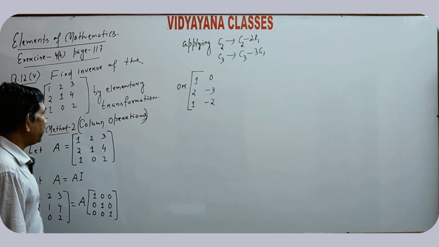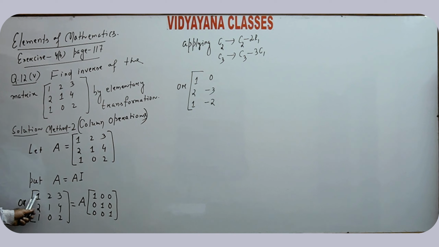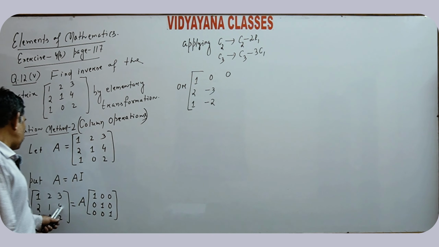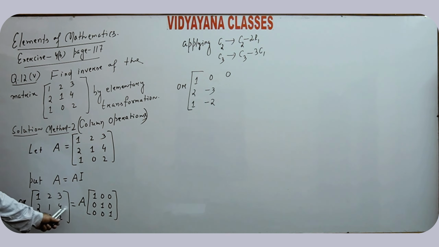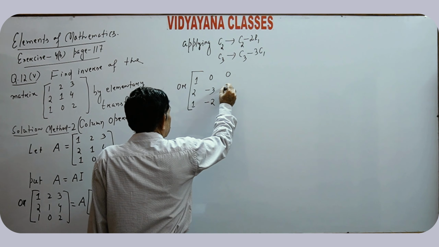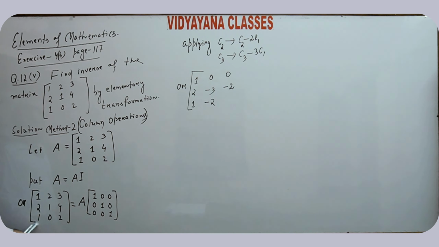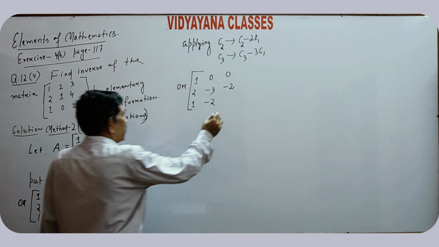Next, column 3 is replaced by column 3 minus 3 times column 1. 3 minus 3 times 1 is equal to 0. 4 minus 3 times 2 is equal to 4 minus 6, that is minus 2. 2 minus 3 times 1, that is equal to minus 1.